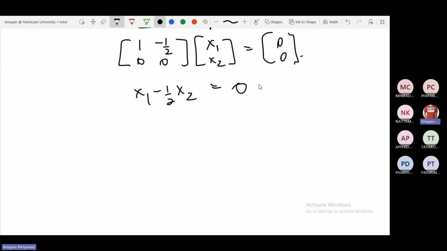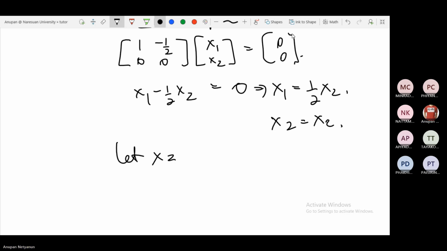So from the first equation, you can solve x1 in terms of x2. Move to the other side, it becomes a half x2. And of course, x2 equals x2. So x2 can be anything, and x1 depends on x2. So let x2 be any number s.